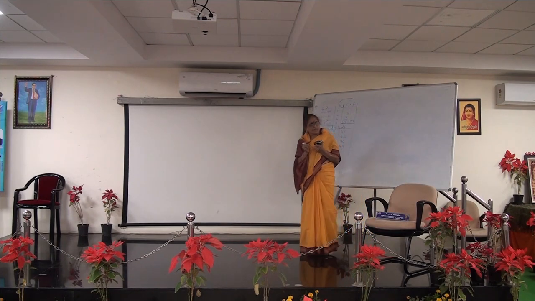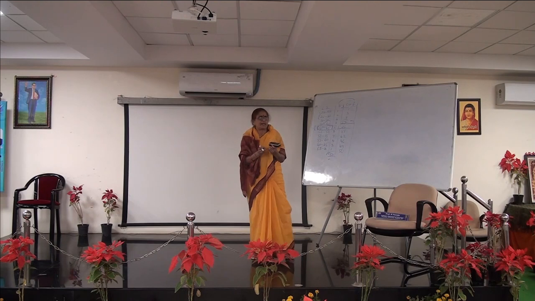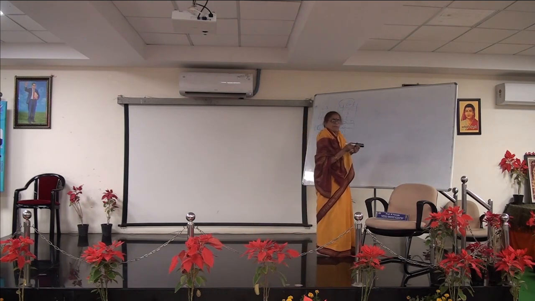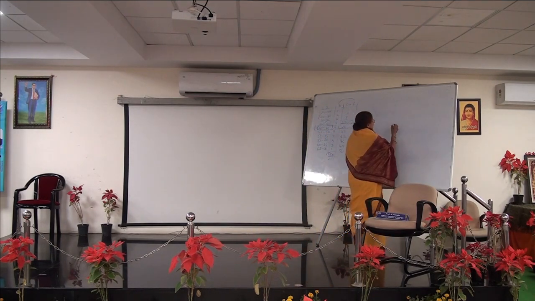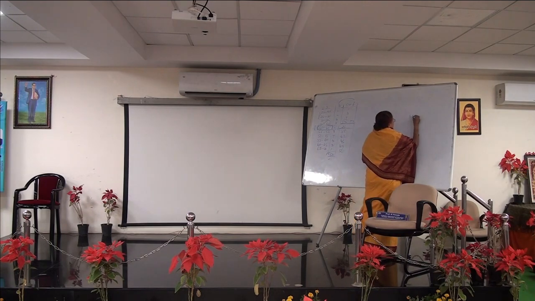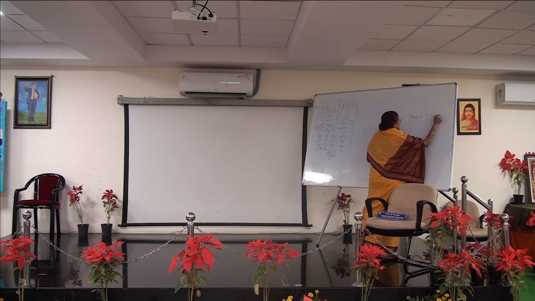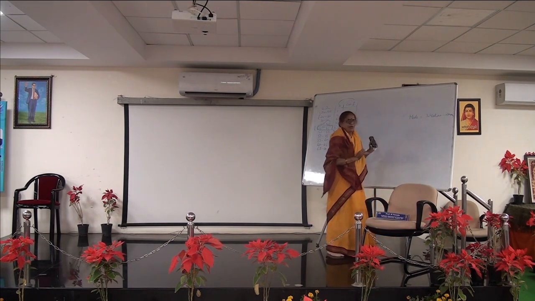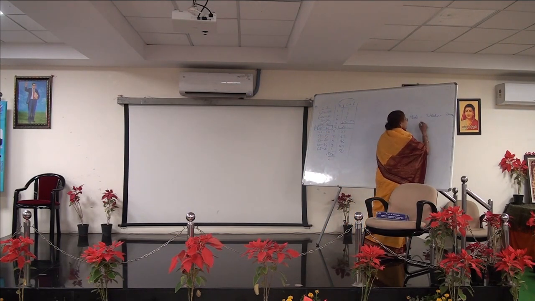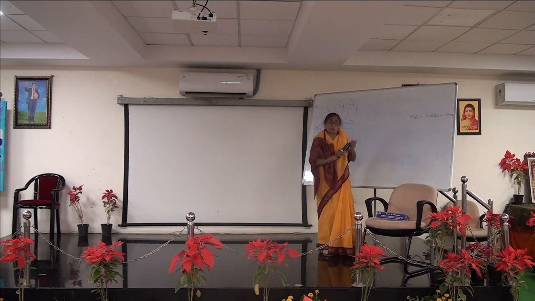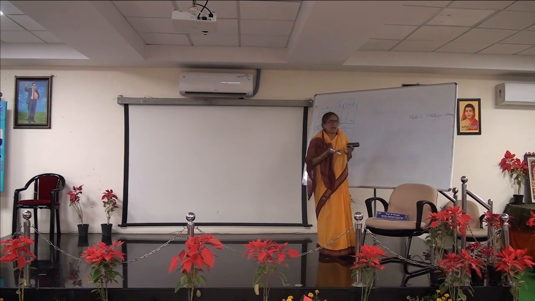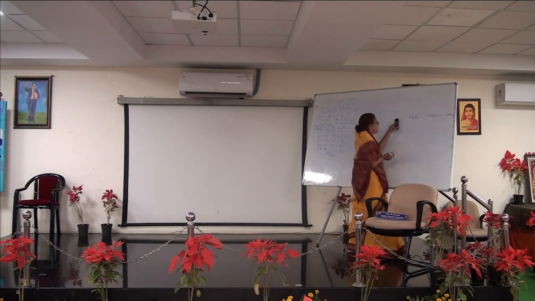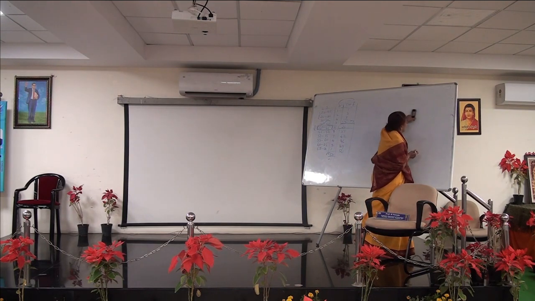Whenever we are given the values of mean and median, we can compute mode from those values: mode is 3 median minus 2 mean. By substituting the values we will get mode. Suppose these values are not known, we have to compute the value of mode directly. What is the formula for mode in that case?